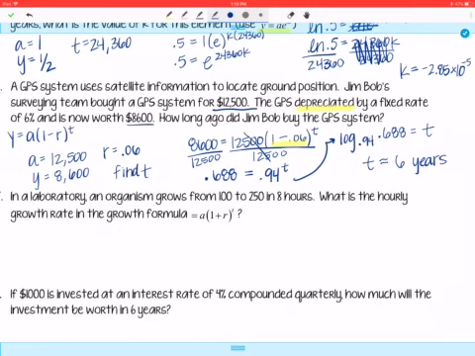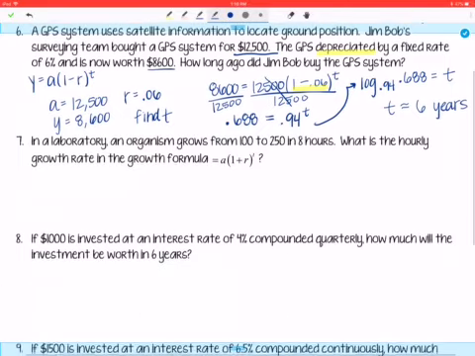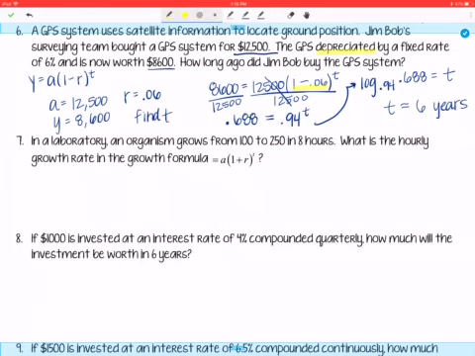All right, 7. In a lab, an organism grows from 100 to 250 in 8 hours. What is the hourly growth rate in the growth formula given here? This time I'm looking for the rate. What is the hourly growth rate? So I need to find R. My initial is 100, my ending is 250, and my time is 8 hours.